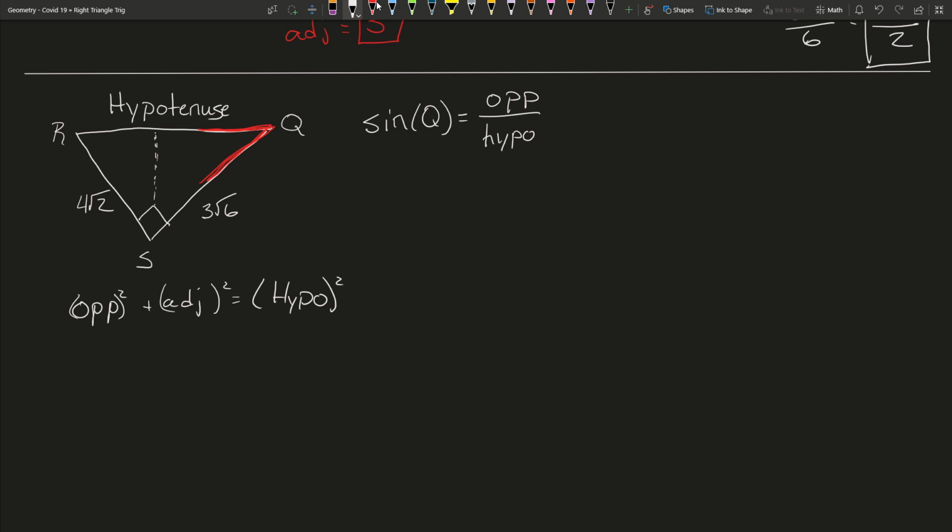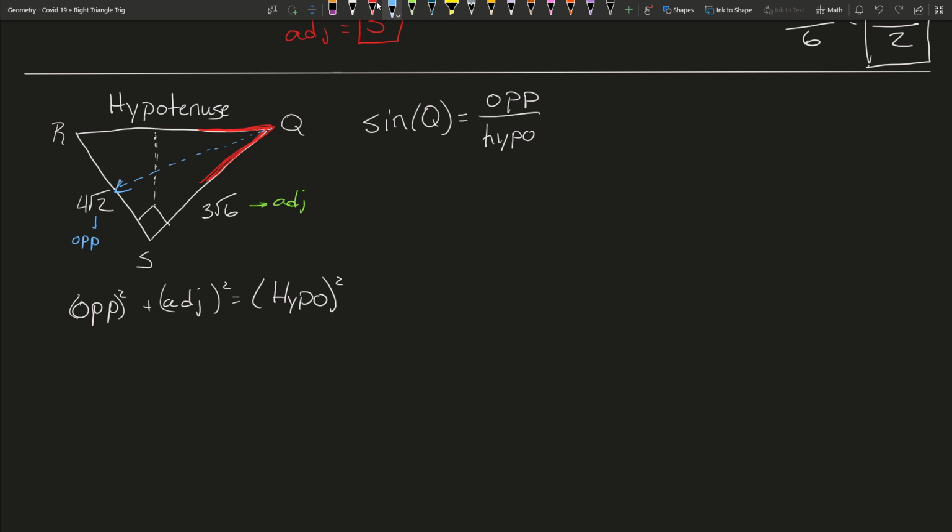And before we do that, I think we should probably label which side is which. All right, so for Q, if we drew a line from Q to the opposite side of the triangle, this 4 rad 2 is our opposite. And then the side attached to Q, that's not the hypotenuse, that's the adjacent.